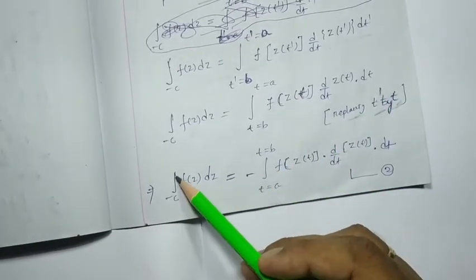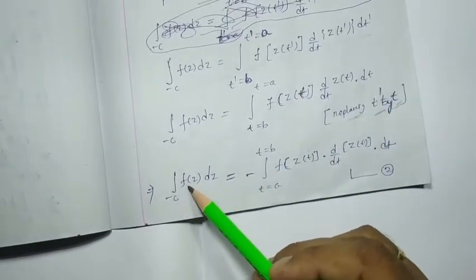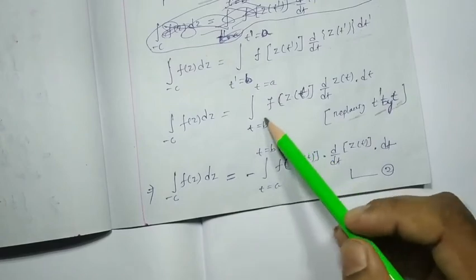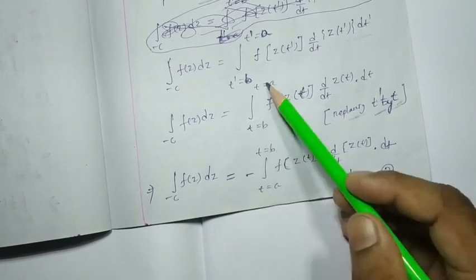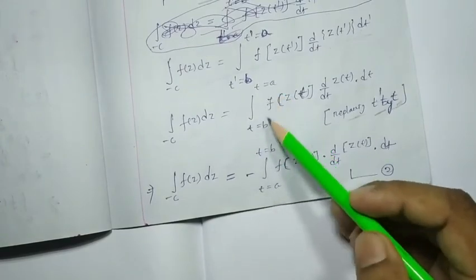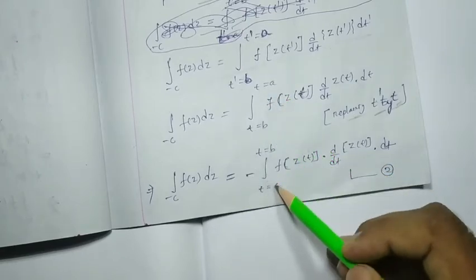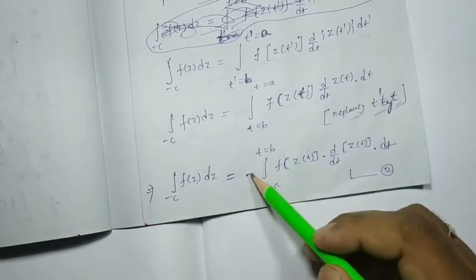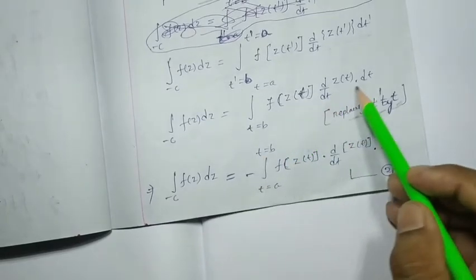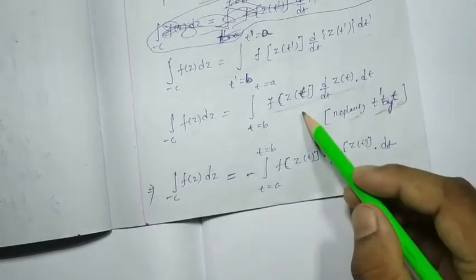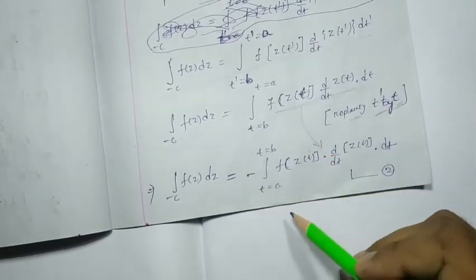So if I change the limits, to t equal to a to t equal to b, then it will be minus, and all the terms I have written as such.